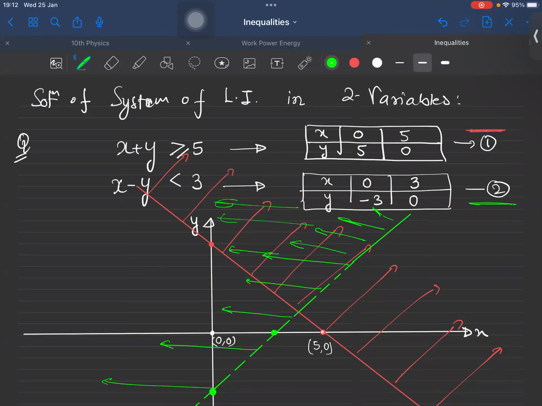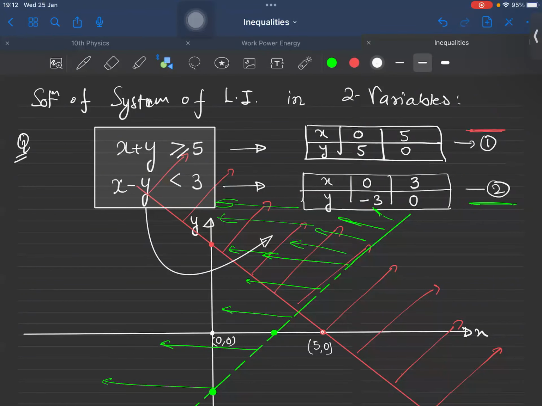These all represent the system of equations that we need to solve. This area A will represent the possible solutions of the system of equations, okay, understood? Because we'll be taking the intersection of these two curves.